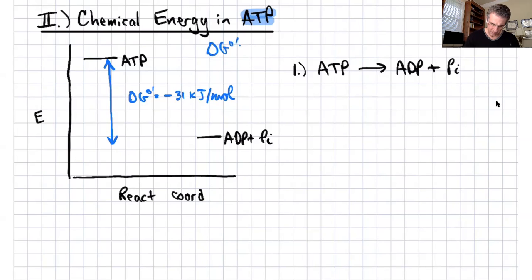Delta G naught prime equals delta H naught prime minus T delta S naught prime. Just right out of the gate, if you think about that reaction as I've written it down there, ATP, what's happening? You've taken one molecule and you've made two, right? So you have one molecule with its associated degrees of freedom and vibration and rotation and hydration and all that kind of stuff.